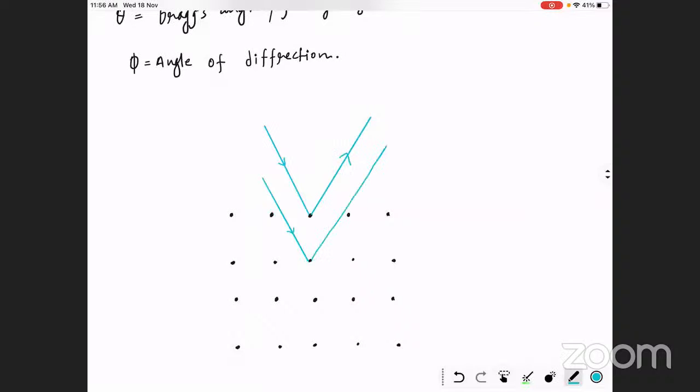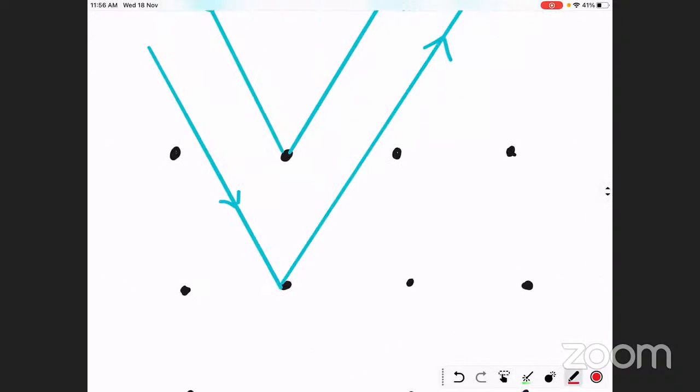This will get reflected like this. So can you determine the path difference between both the beams? Yes, it is very easy to find the path difference.